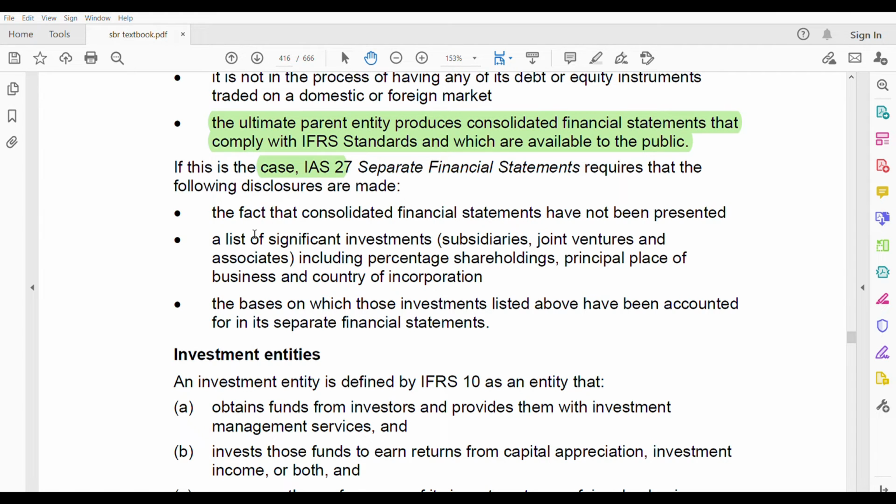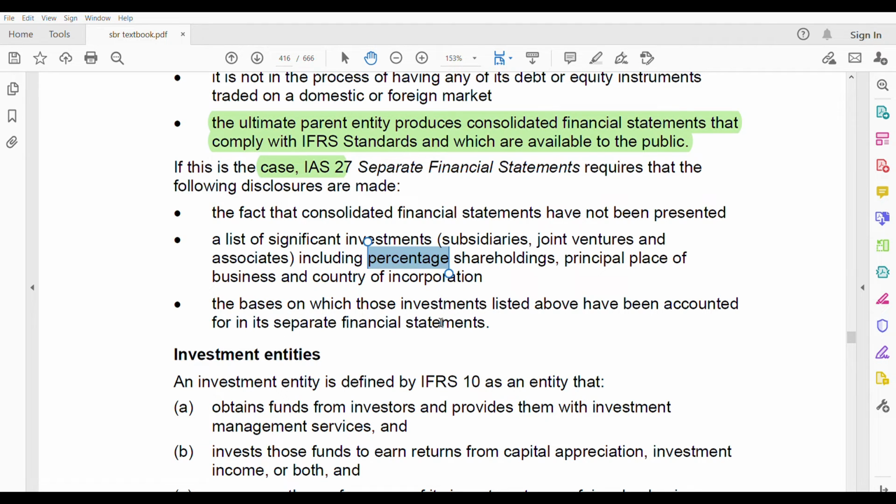Next, a list of significant investments such as subsidiaries, joint ventures, associates. Also, their percentage shareholding. What is the percentage of the subsidiary, joint venture, associate you're holding? Principal place of business and the country of incorporation. All those things you need to disclose. Next, the basis on which those investments listed above have been accounted for in its separate financial statements.